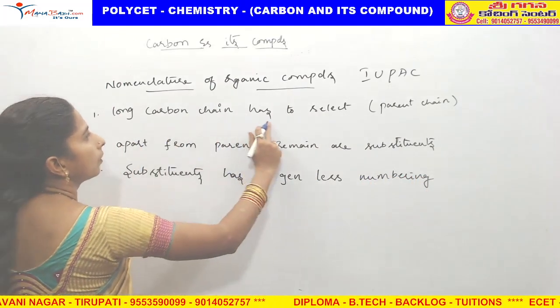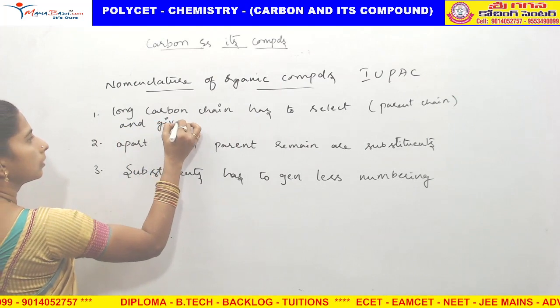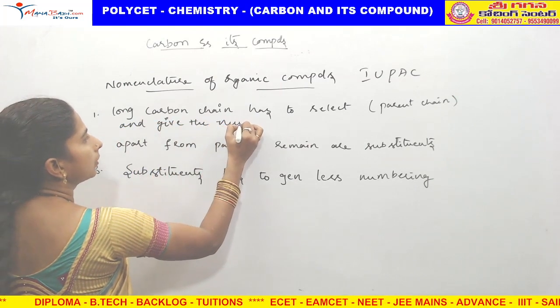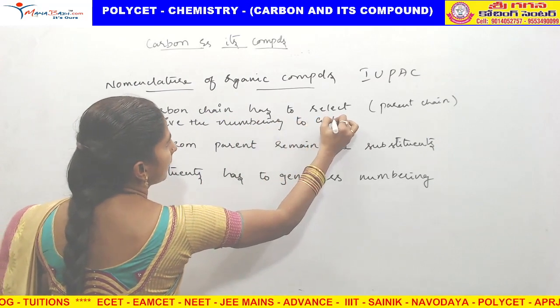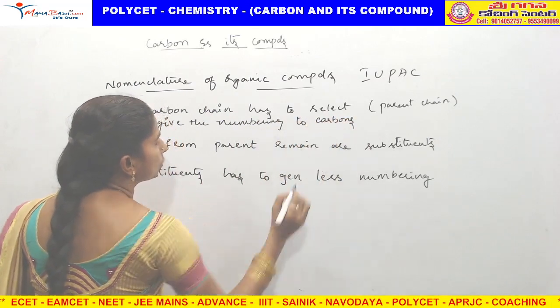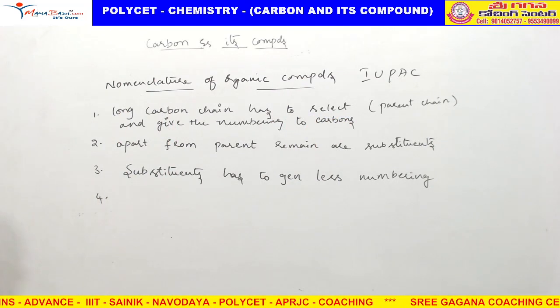Select a long carbon chain and give the numbering to the carbons. Fourth one, less numbering.